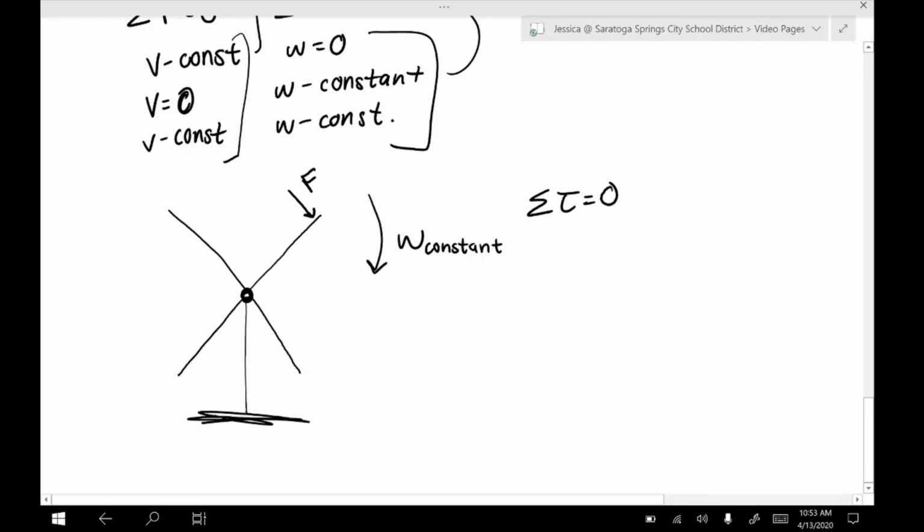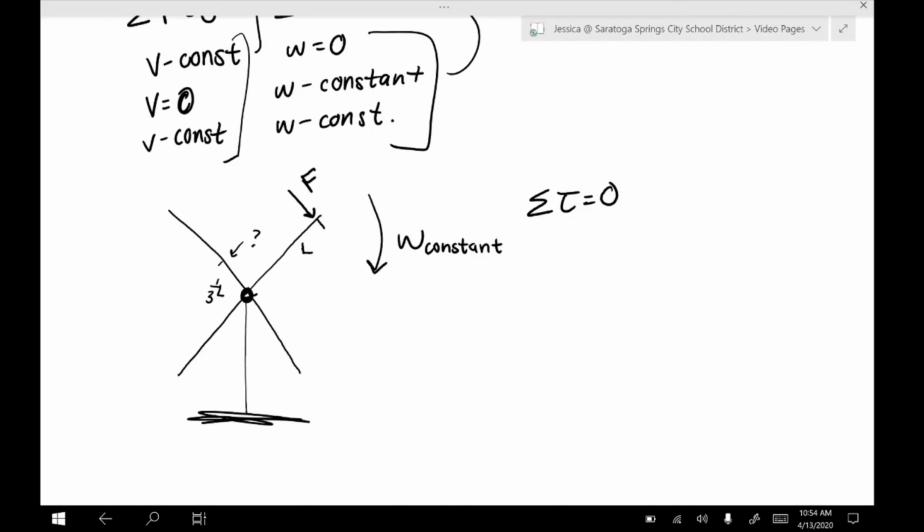And I want to know if I am applying another force at a distance of 1/3 L. So let's say each of these has a length of L. What should the value of this force be so that that constant angular velocity is still holding true?